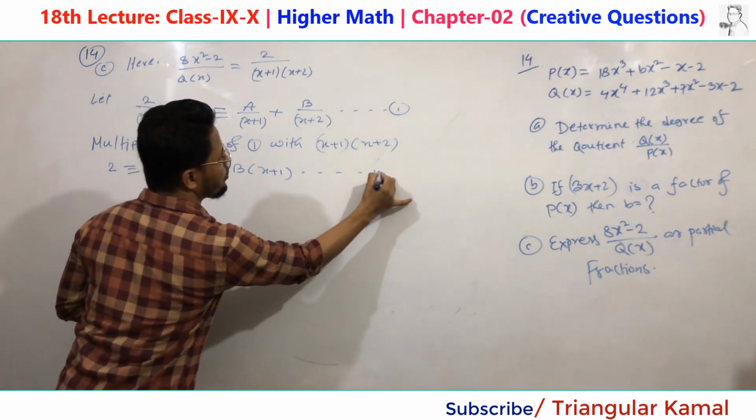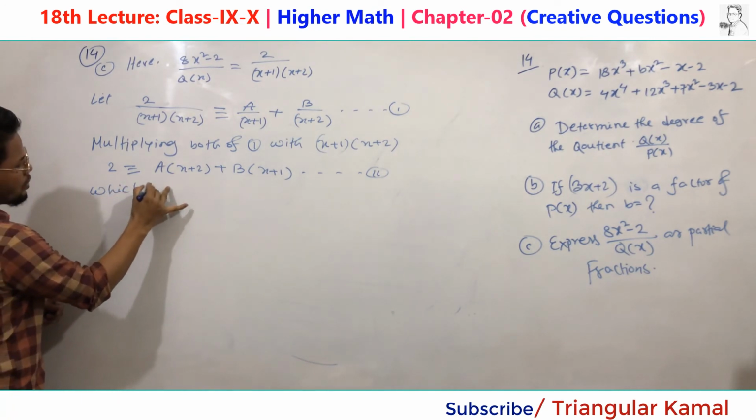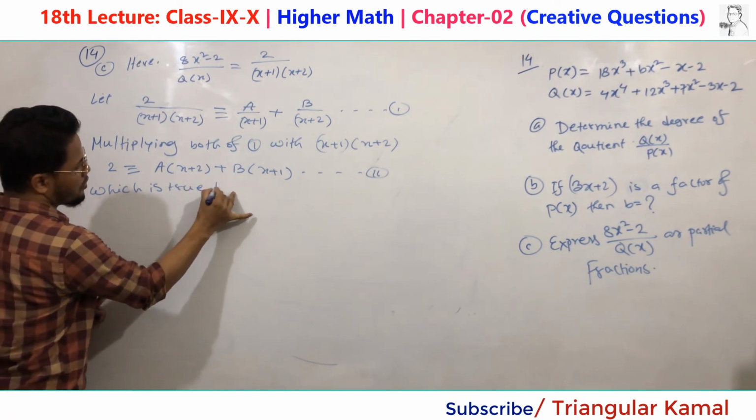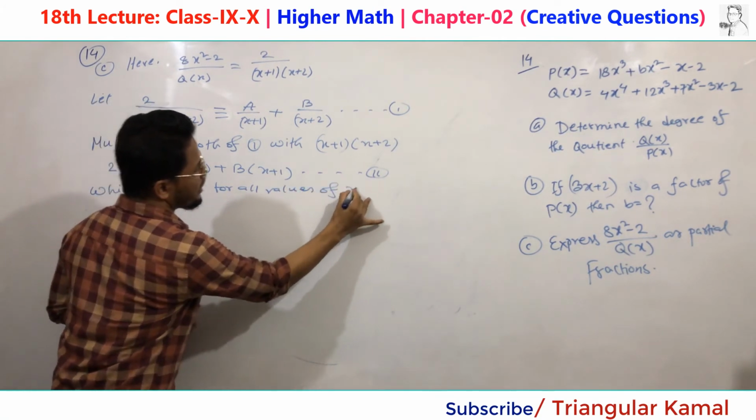This is number 2. Now write which is true for all values of x.